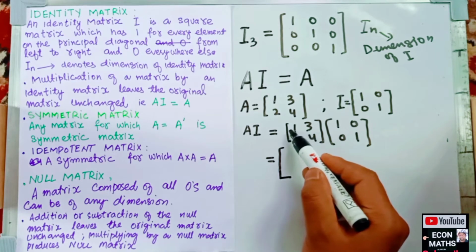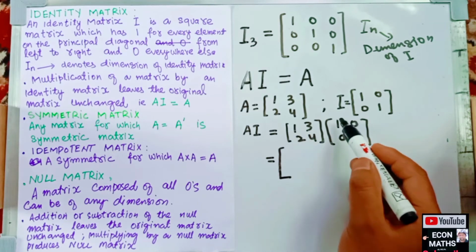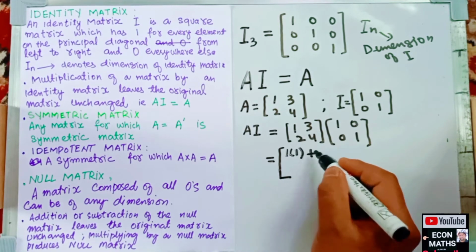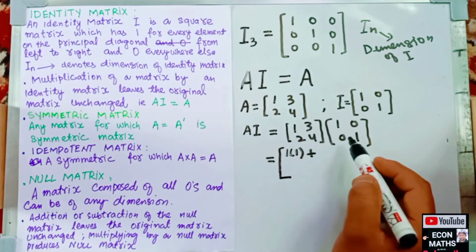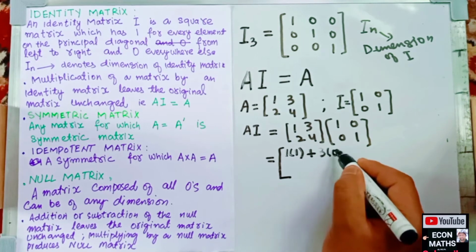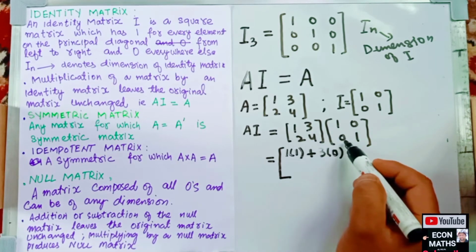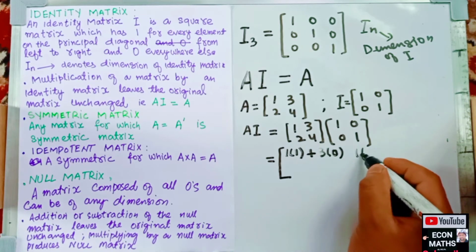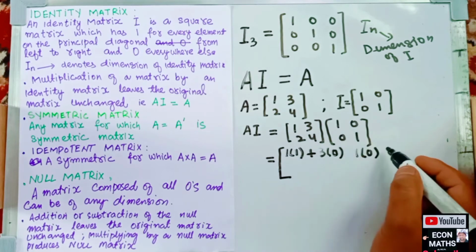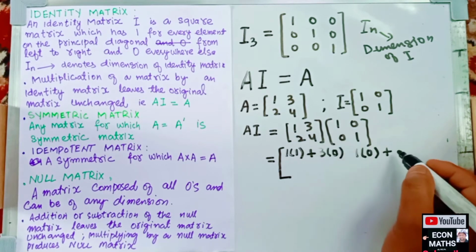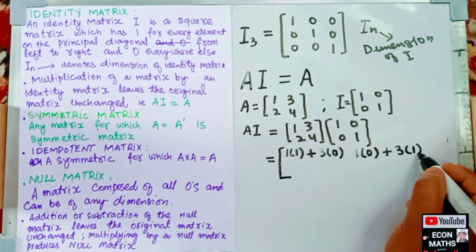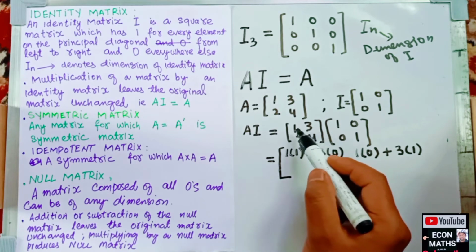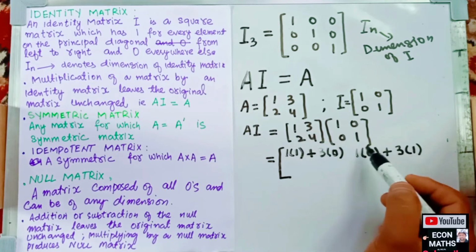First we multiply the first row and first column, so this is 1 into 1 plus 3 into 0. Similarly, first row and second column, that is 1 into 0 plus 3 into 1. So the first row, first column element is written here, and similarly the first row, second column element is written here.